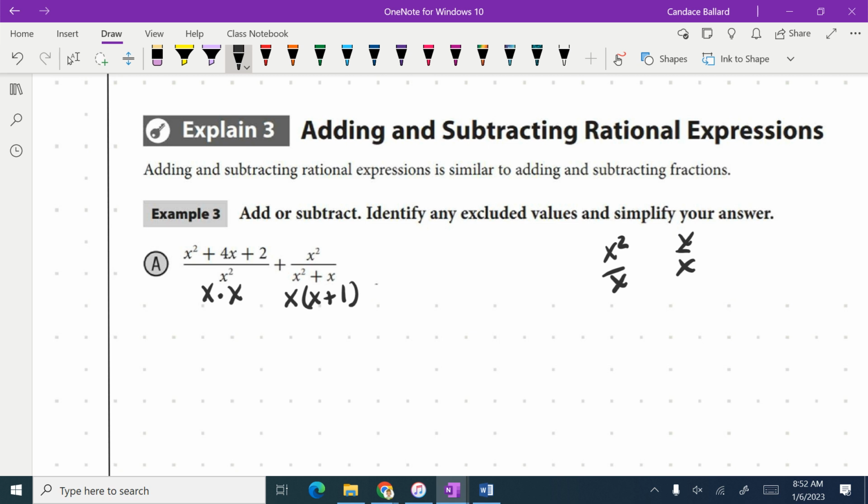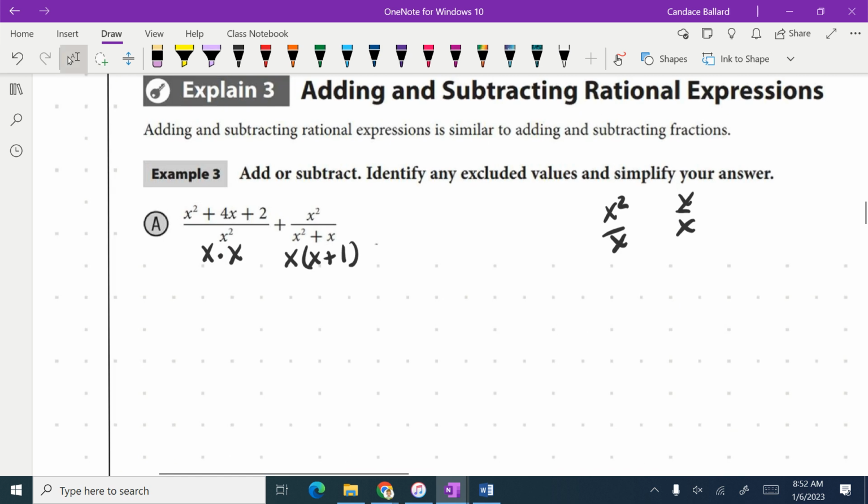Okay. So now we're going to get out our red and our blue, right? We're going to circle in blue what matches, just like we did yesterday. So what matches between the 2 denominators? One of the X's, right? Remember, for matching, I have to pick one out of each denominator. Okay.